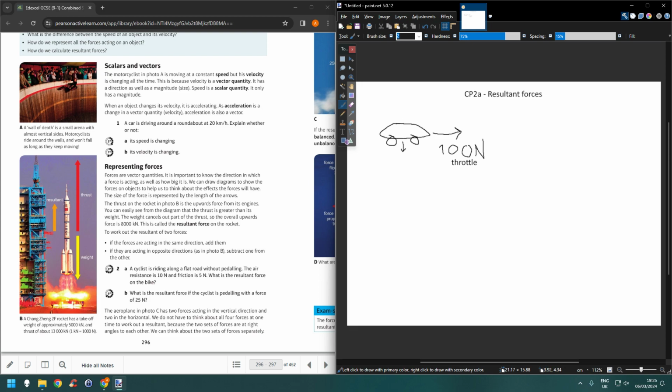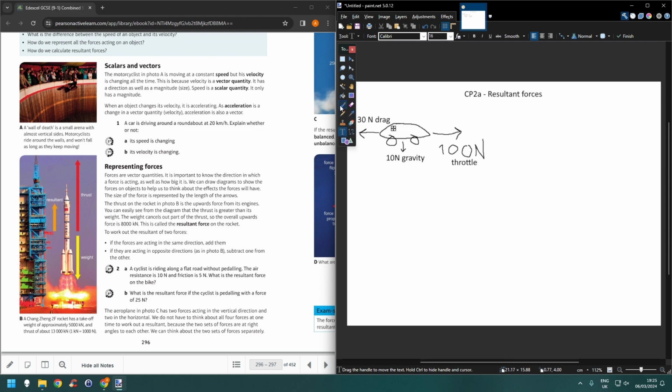Down, it's quite small, and we'd label that as 10 newtons gravity. And because it's not super aerodynamic, we've also got a moderately big arrow back here that is, let's say, 30 newtons drag or air resistance. 30 newtons drag, 100 newtons in throttle, and 10 newtons in gravity.